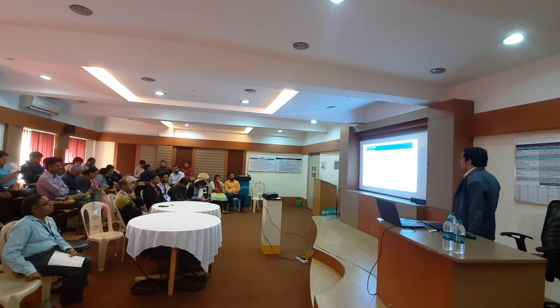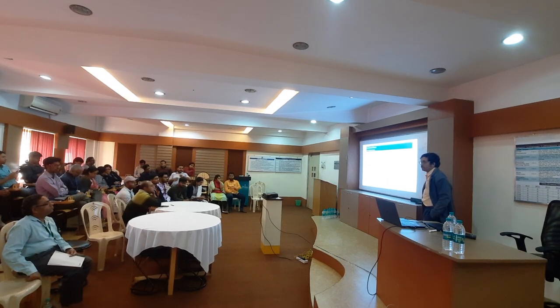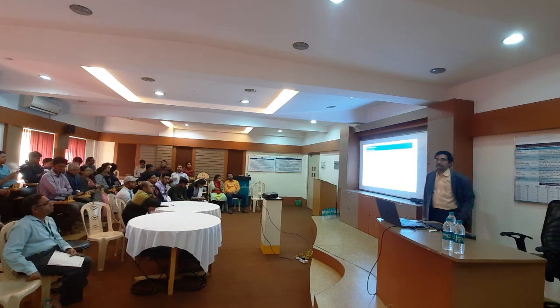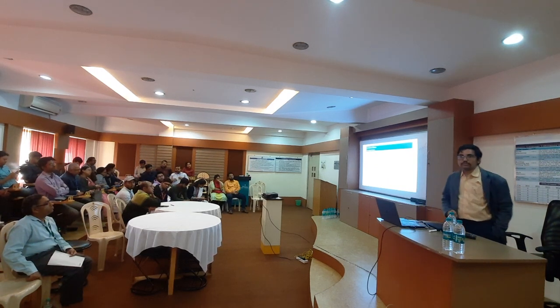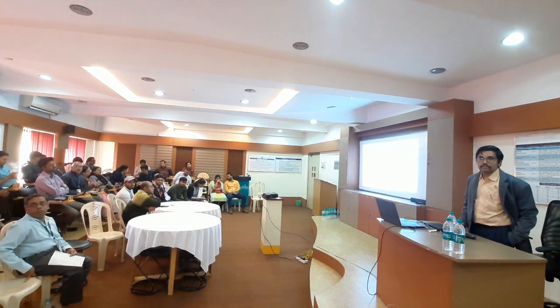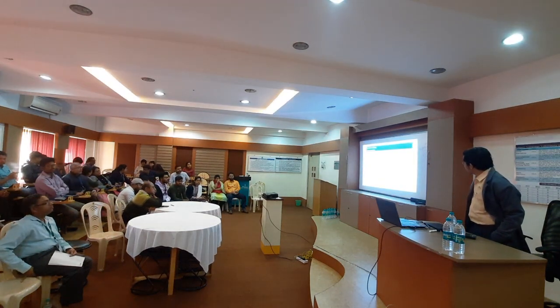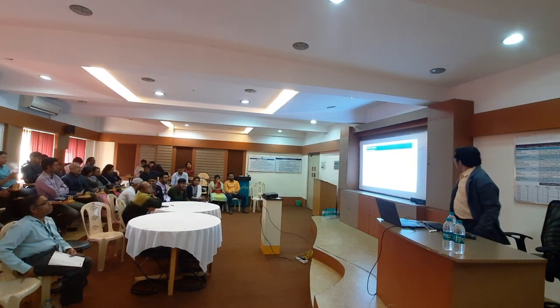If you represent in the matrix form, this is the matrix: 1 by root 2, 1, 1, 1, minus 1. Any doubt? How is it the matrix?